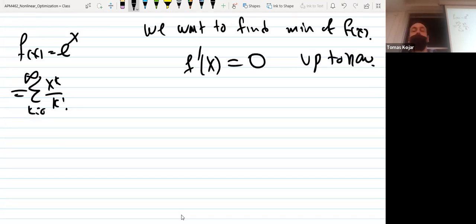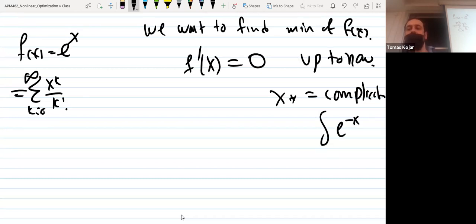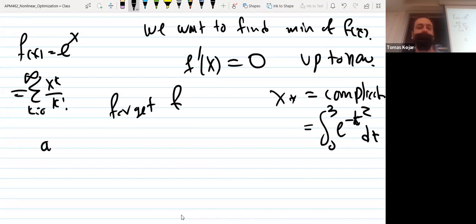But the answer to this could be very complicated. It could be some crazy integral, something not closed form.